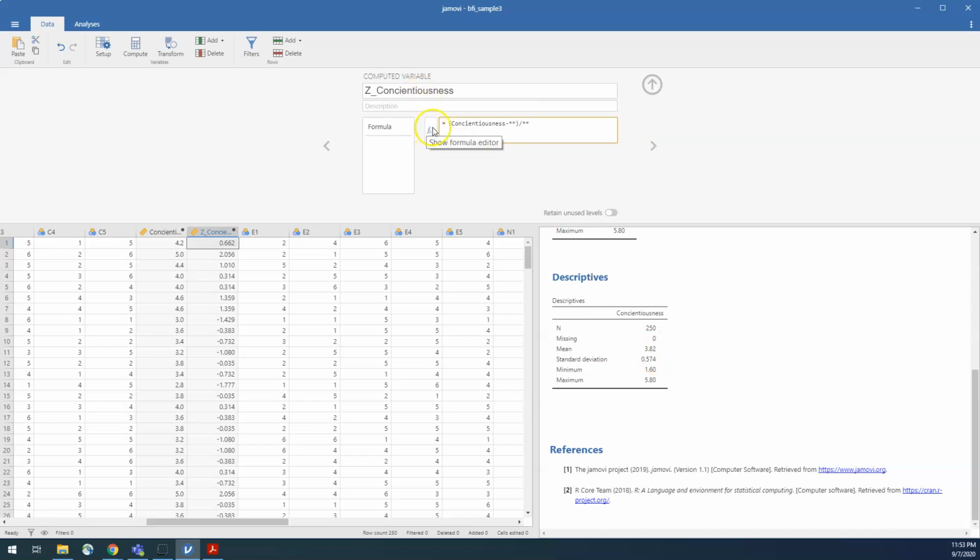So I'm going to drop down my formula box here, and I'm going to say, actually what we want is the mean of all the conscientiousness variables here. But if I use this function, mean, remember that gives me the average of variables summarized in rows for each person. And I don't want that. I want the average of conscientiousness as a variable computed vertically rather than horizontally.